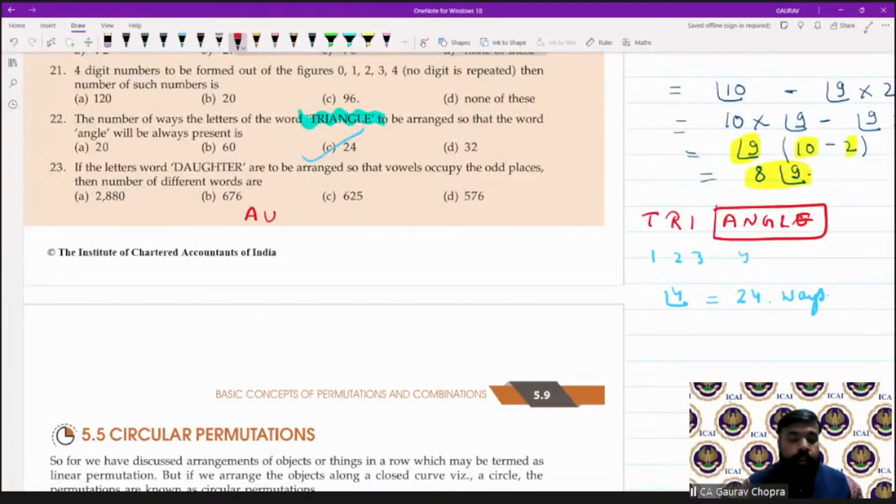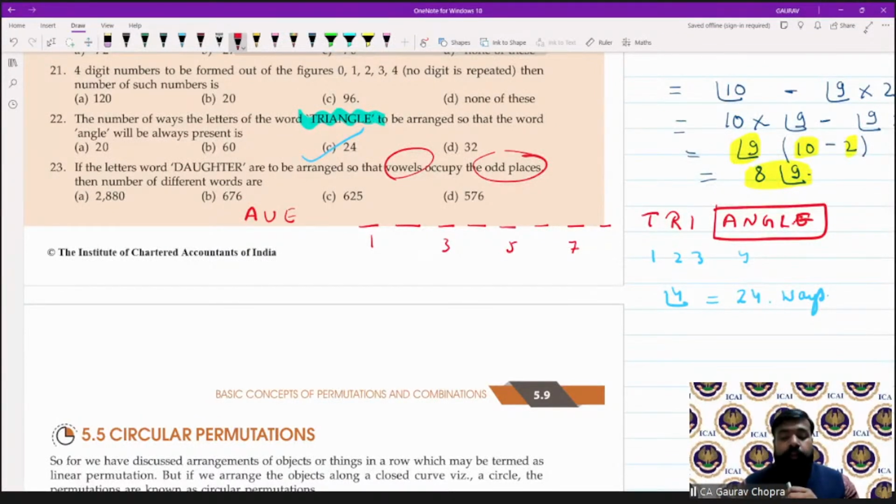A, U, and E. Only 3 vowels are there, and total spaces are 8. Daughter has 8 spaces, 1, 2, 3, 4, 5, 6, 7, 8. And vowels should occupy odd places. How many odd places are there? 1, 3, 5, 7. So there are 4 odd places.